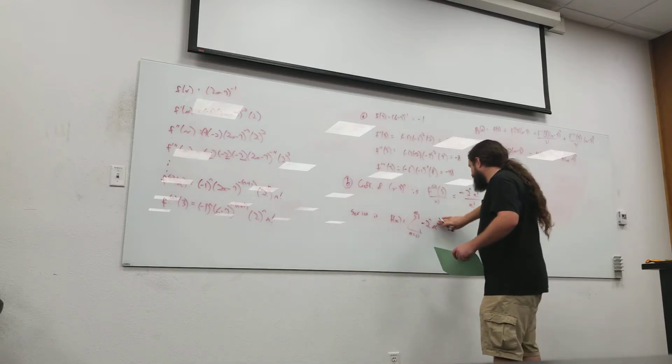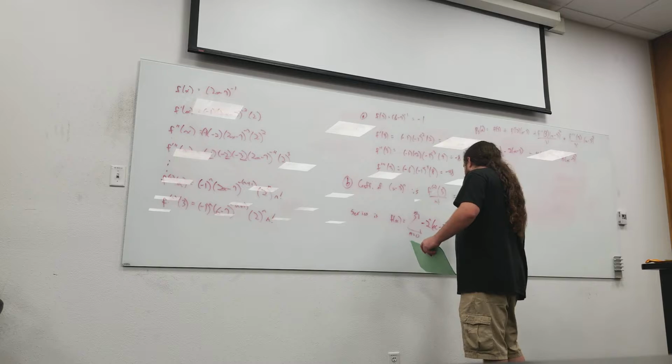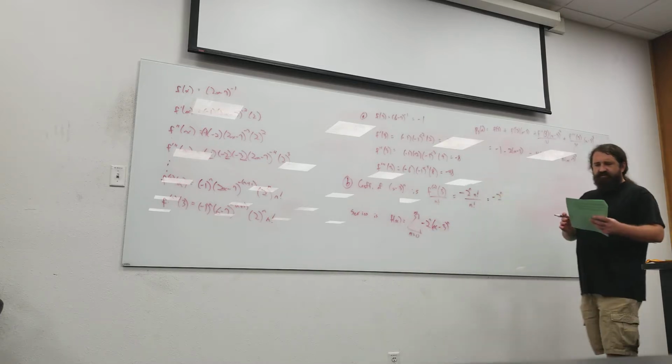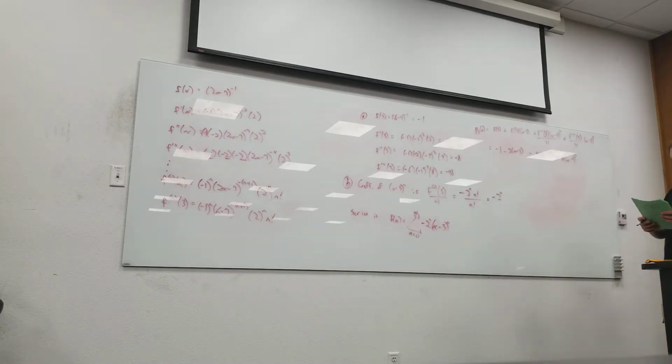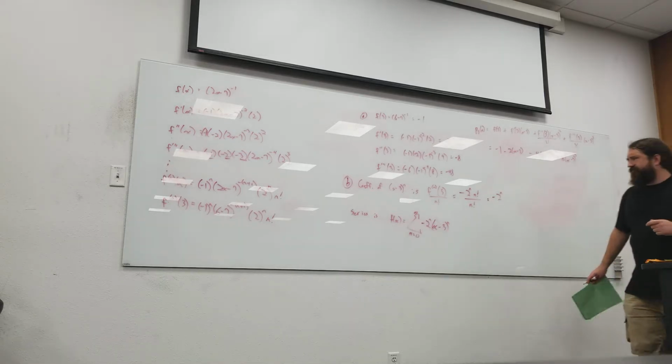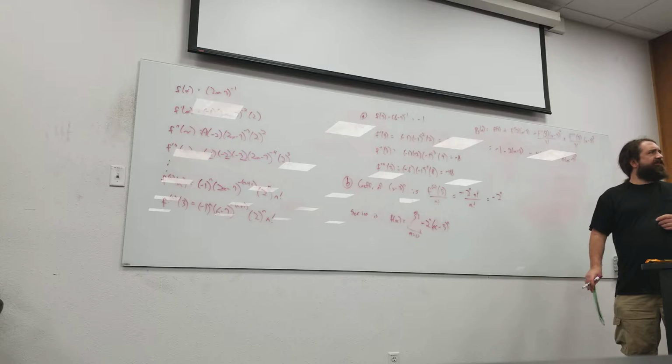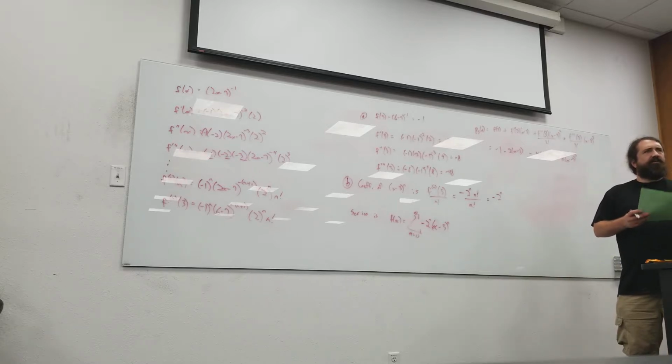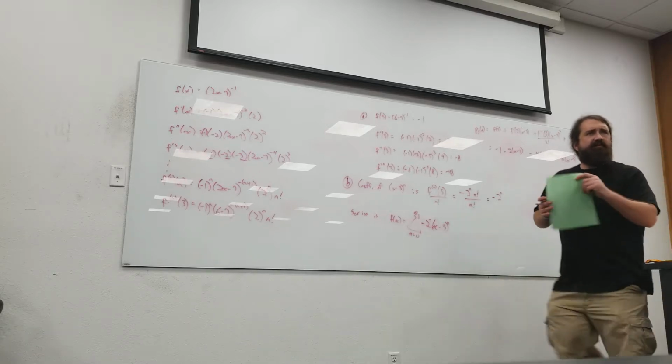Oh, it's not x to the n, it's x minus 3 to the n. So I think that's it. Yeah, okay. Any questions about this one? Okay. And I think this is your page.